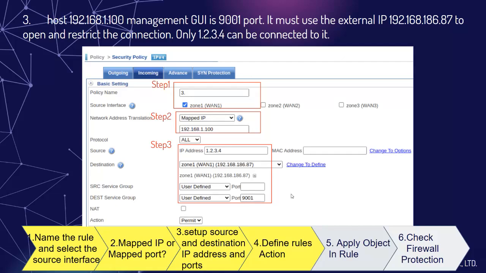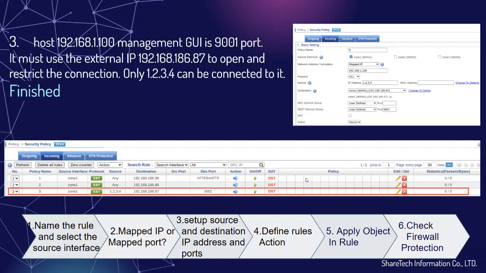Step 4 permits this type of packets, and it will show like this. Only steps 1 to 4 are used in the setting steps, and you can see the restriction 1.2.3.4 in the source network, like this.